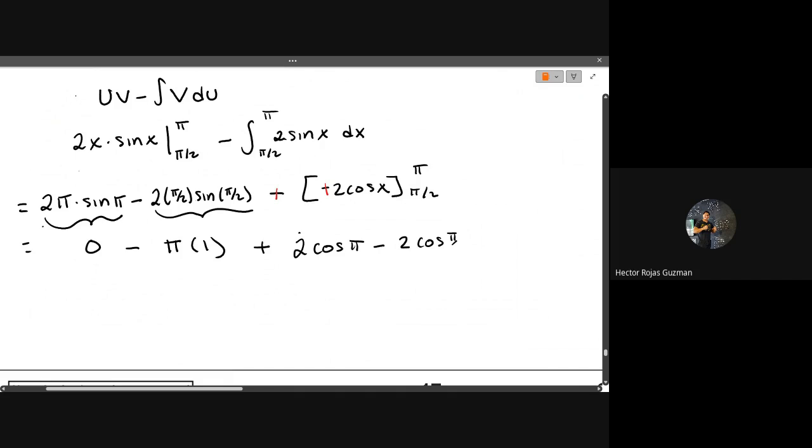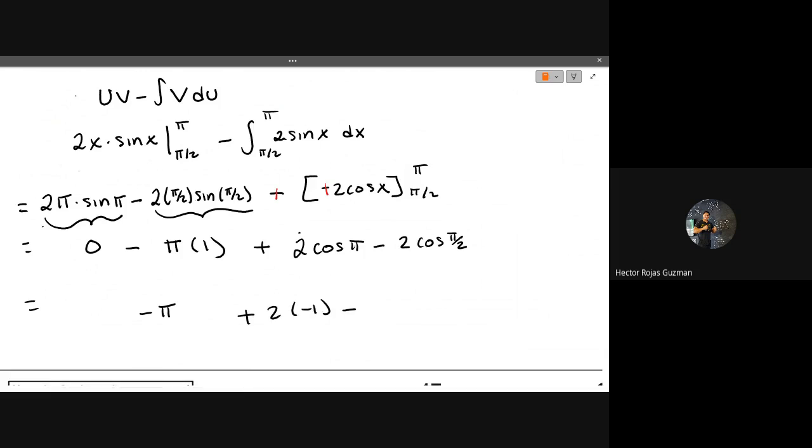There we go. So this gives us negative pi plus 2 times negative 1 minus, this part is 0. This gives us negative pi minus 2. That's the answer.